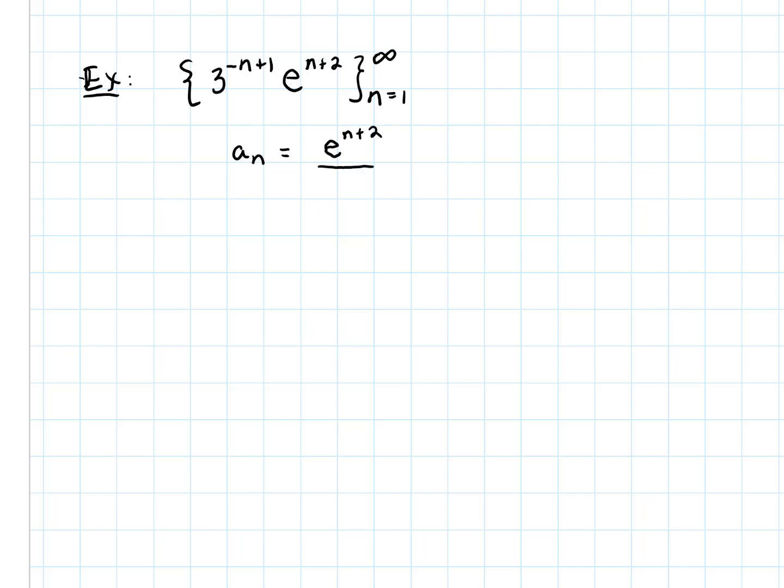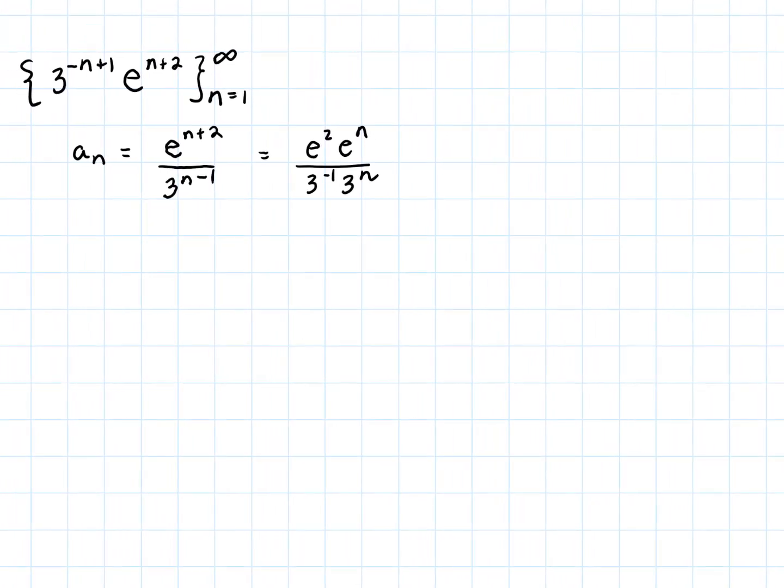First, with that 3 to the -n plus 1, let's drop that into the denominator, with n minus 1 on the exponent. Then that's just e squared times e to the n, and 3 to the -1 times 3 to the n, if I just break up the exponents here.